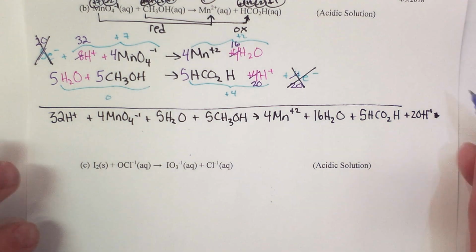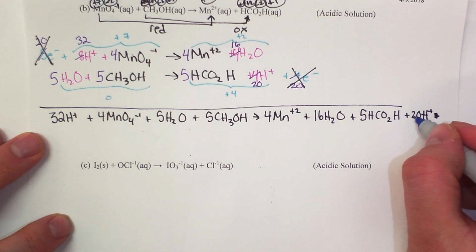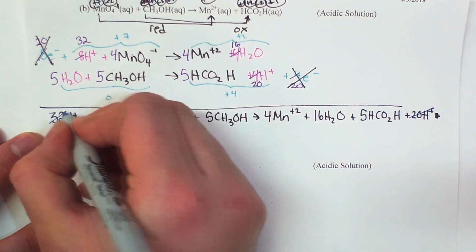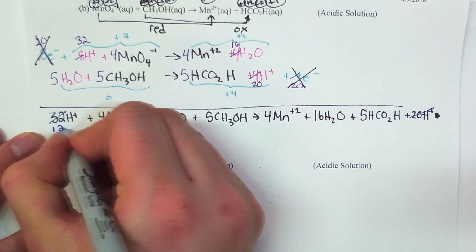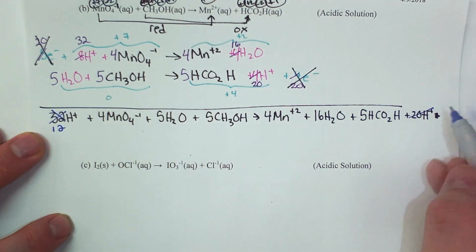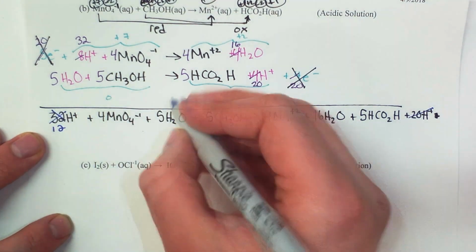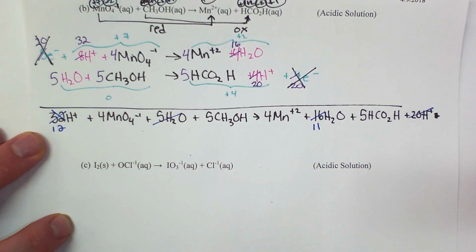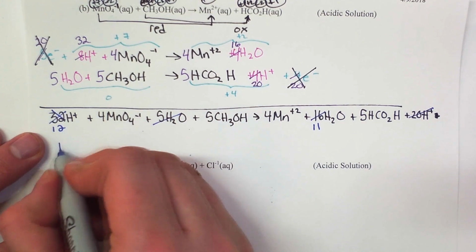Let's go through and cancel things out that we see. We have 20 and 32 here. So we'll take 20 away from both sides. 16 water and 5. Take 5 away from both sides. Rewrite the equation.